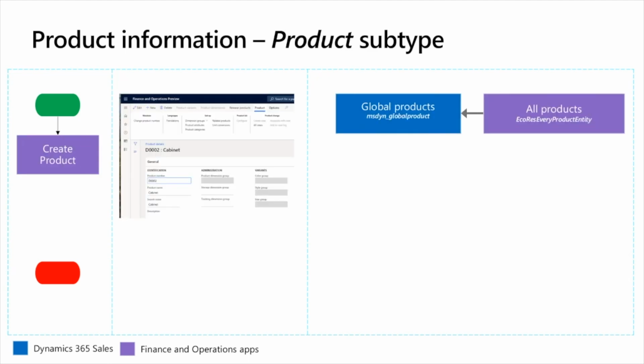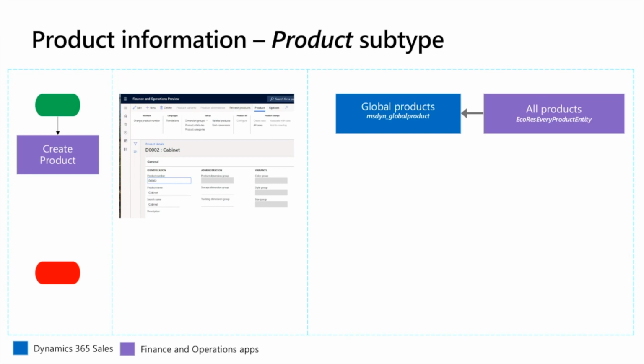So from a product information management perspective, in finance and operations, we have two different product subtypes. We have the product subtype, so these are distinct products when they're released. Or we have the product master subtype, so these when they're released are product variants. Think of a T-shirt that has different sizes and colors. If we look at the flow for a product subtype, we are creating the product.